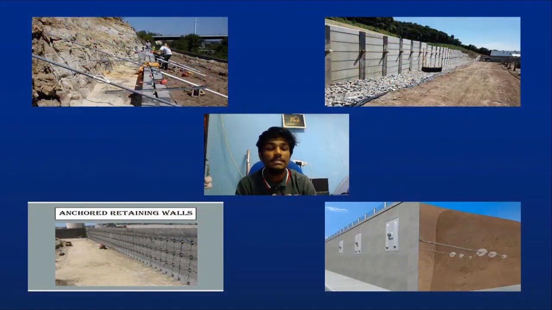This is the example picture. The first one is the cable in the retaining wall, the second one is in the process of being built, the third one is the cable in the soil or rock, and the last one is the complete anchored retaining wall feature.